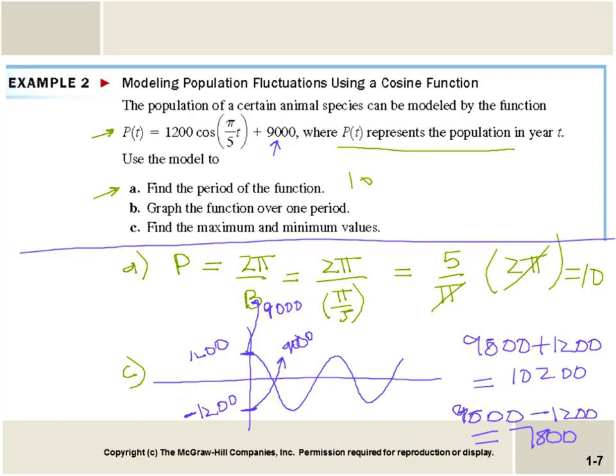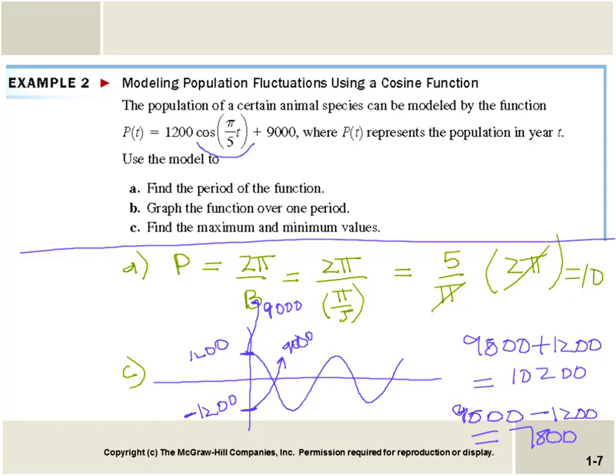Okay, so now here's another way you can look at it. Ready? What's the maximum value cosine can ever be? 1.